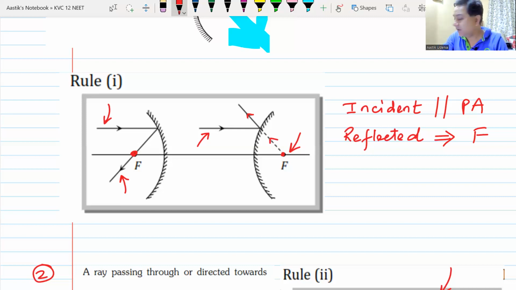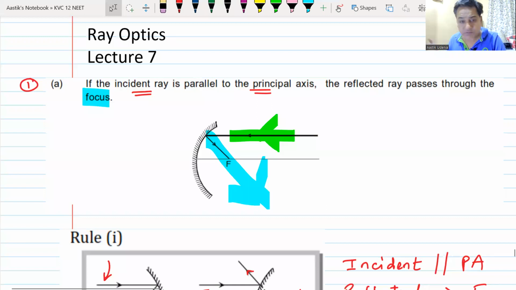There was no point before rule number 1, beta. That was simply rule number 1. If you want to see, you can see it now. If the incident ray is parallel to the principal axis, the reflected ray passes through the focus. That is where we started. That was just the statement, nothing else. You can write the statement.